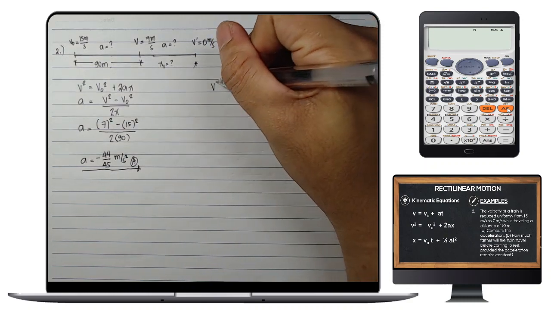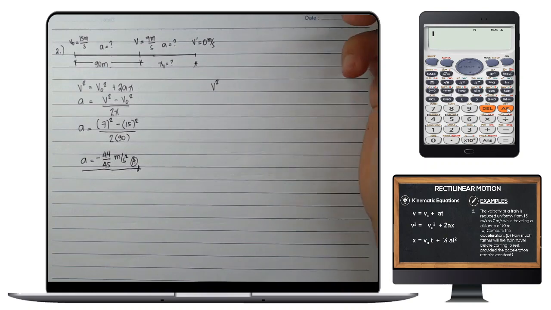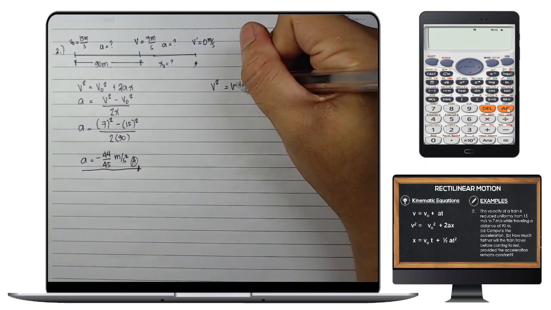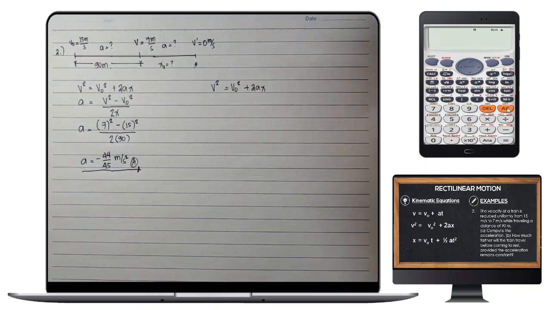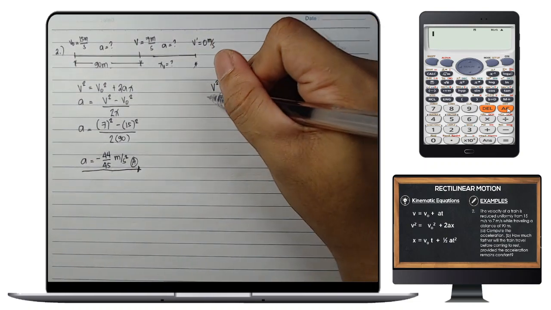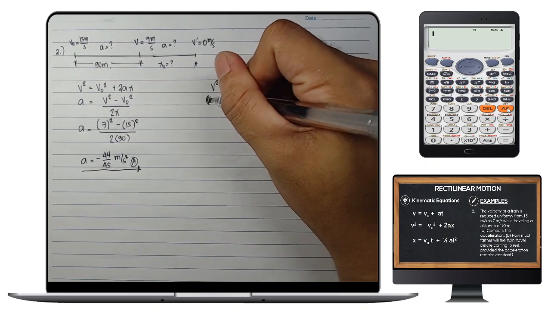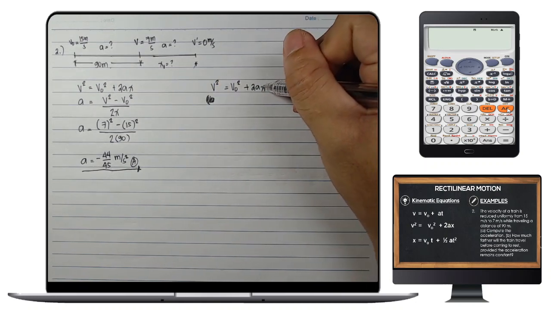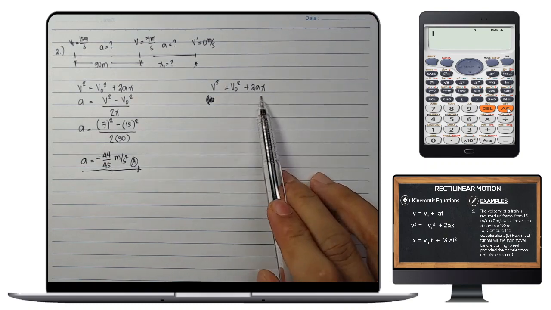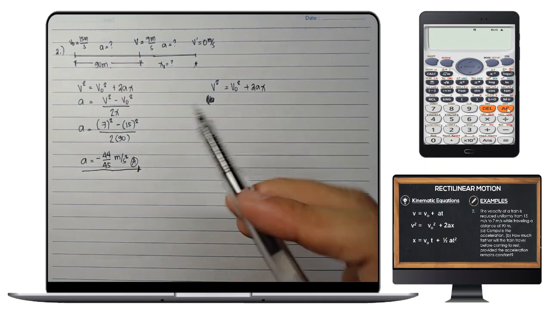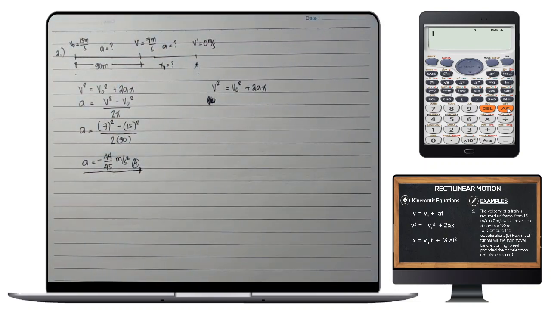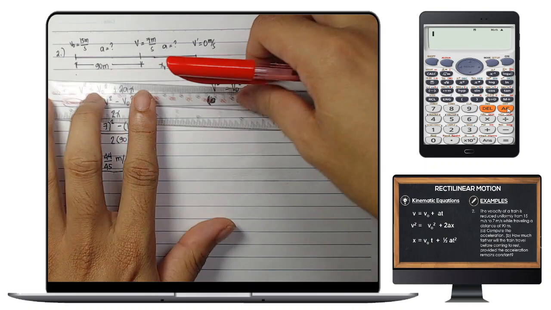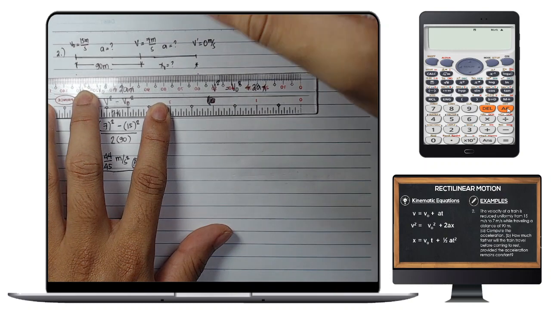So, we have V prime squared is equal to VO square plus 2AX. In this case, let's derive first the value for X. Notice, X here should be the total distance from VO going to V prime. Let's illustrate. Let's say that is the distance from VO going to V prime.